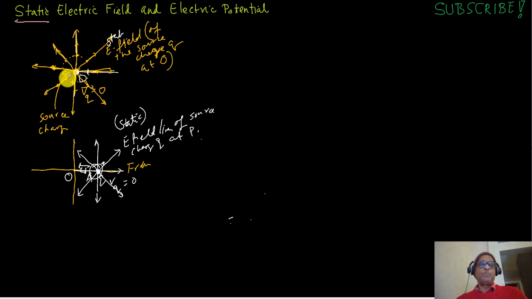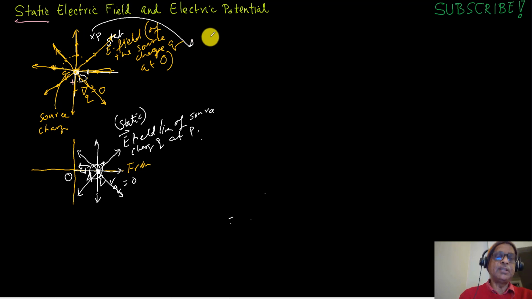An electric field is a vector quantity. It turns out the static electric field has an important mathematical property. If I go to a point, say P, and look at the electric field, of course, it depends on the charge. I can write this vector as a function of x, y, z.